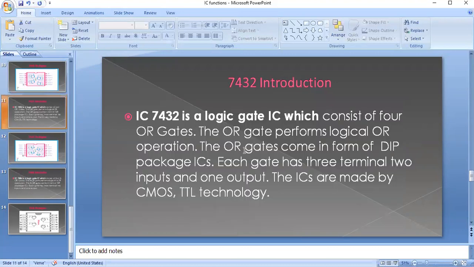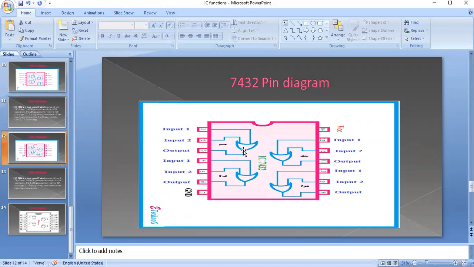And next, 7432. 7432 is a quad 2 input OR gate. The first two pins are input pins and the third pin is output. The 7th pin is ground and the 14th pin is supply. The 10th and 9th pins are inputs and the 8th pin is output.